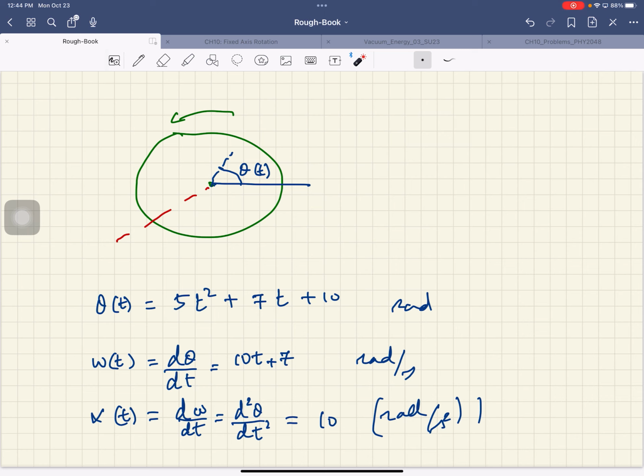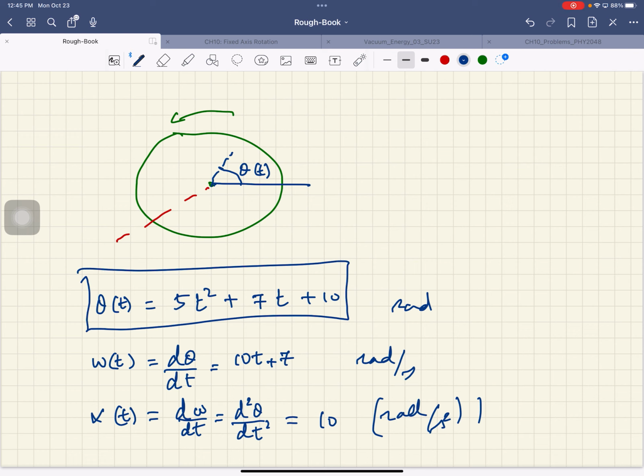Okay, so if you ask somebody to describe this angular motion completely, it could be doing anything. What they're asking you is give the angular position as a function of time. If somebody gives you that, they have given you a complete description of the motion. Okay? And from this, you can calculate stuff that you're interested in calculating.